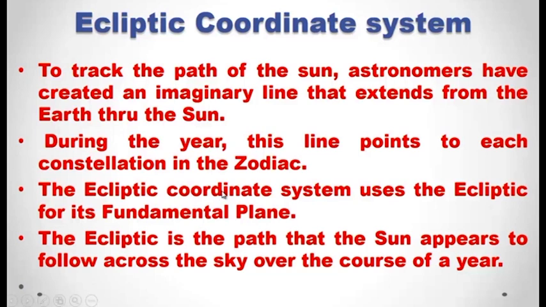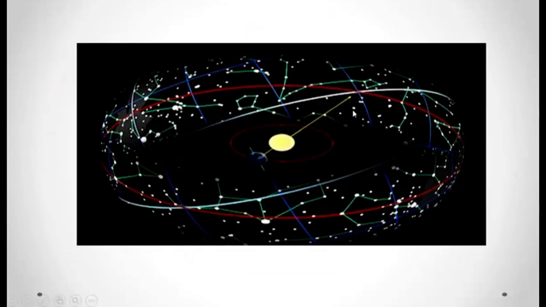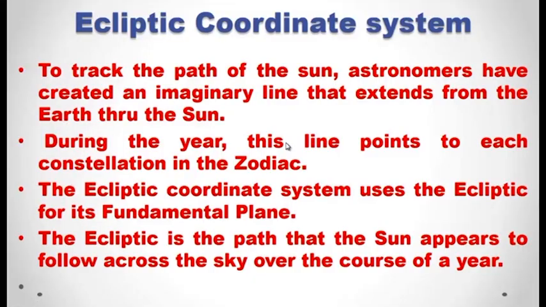We all know that the sun is not moving, but according to astronomers, the sun is moving along with its planets in one direction. To track the path of the sun, astronomers have created an imaginary line that extends from the earth through the sun. You can look at the line. This is the line that extends through the sun, which indicates the movement of the sun.